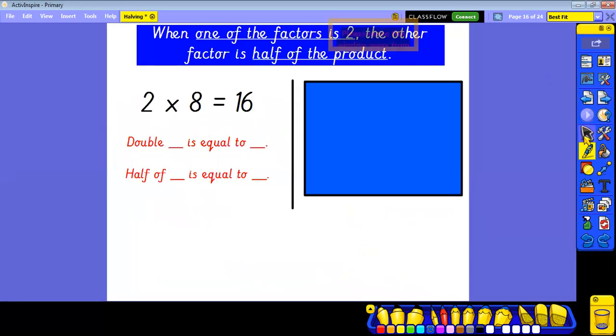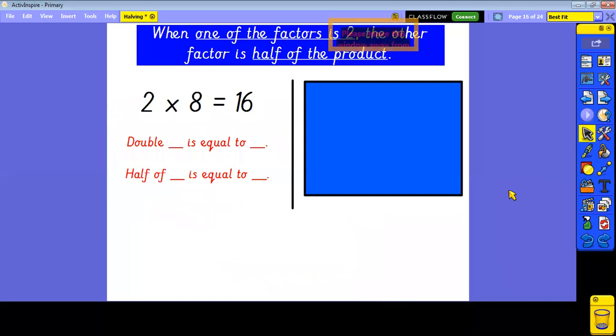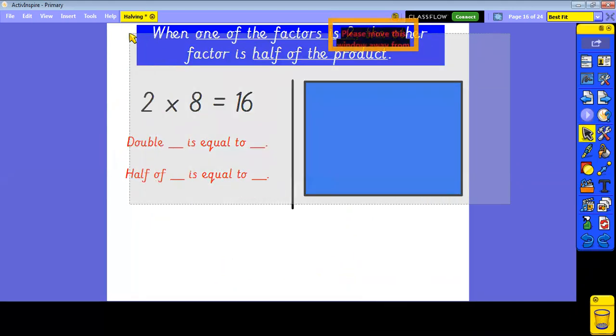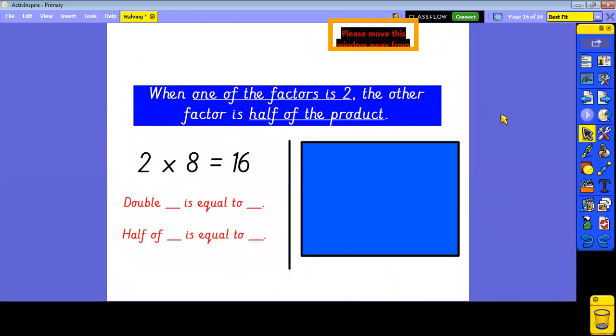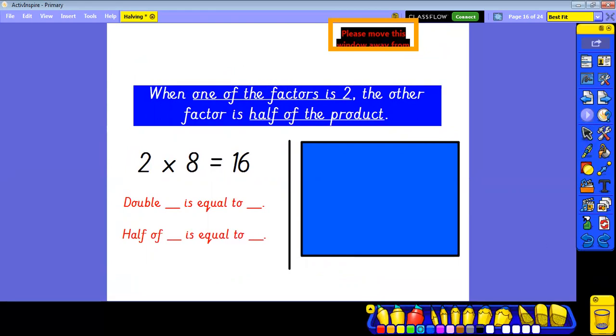Let's have a look at this then in terms of what we can learn from our multiplication equations. So we already learned that when one of the factors is 2, like it is here, the other factor, in this case 8, is half of the product.